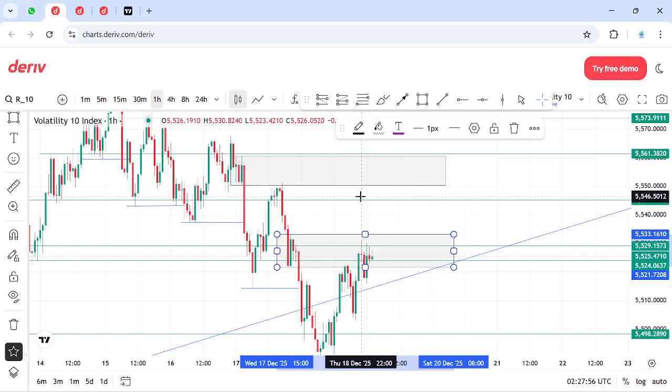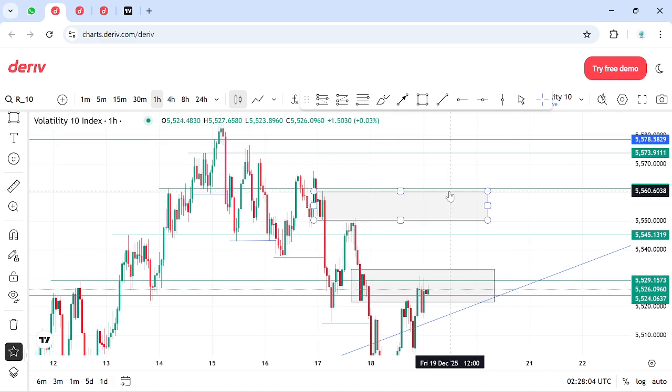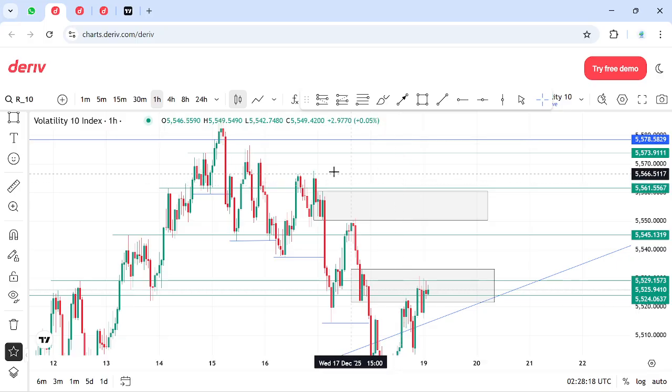This is a more probable zone for us to get sales from, and I expect it to hold. When you're taking your sales from this zone, you can either wait for price to tap this line and sell, or tap into this other block and sell. So either which way you're working with, if you're using this other block, then you'll be putting your stop loss just at this line, at this level of resistance, or at this level of resistance.